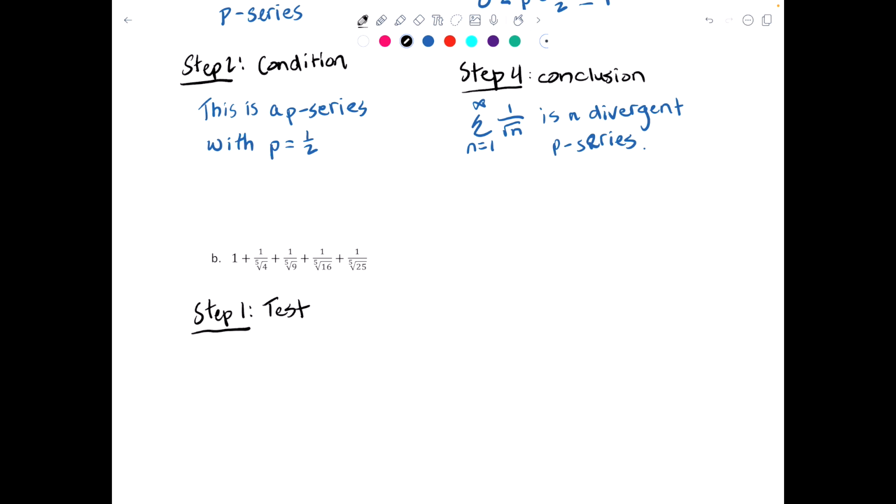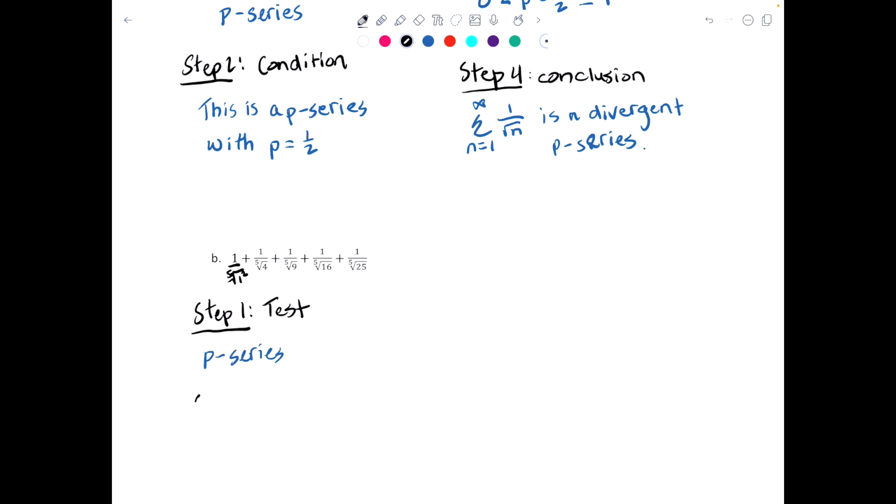Well, here what I'm seeing is that we can write all of this as the fifth root, because you could write this as 1 over the fifth root of 1, but something else is going on. Beautiful, they're perfect squares. So here, this is indeed going to be a p-series. So I'm going to write p-series here.